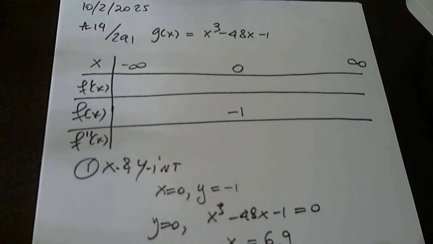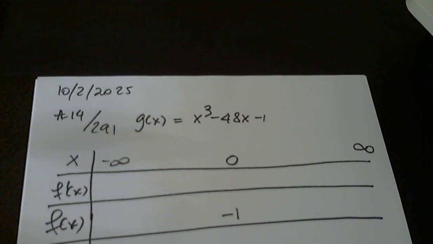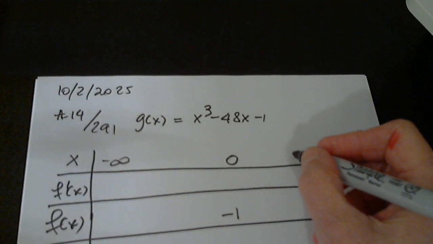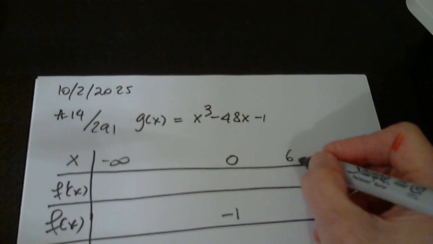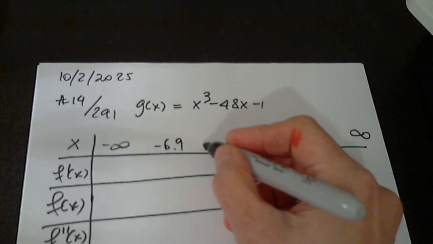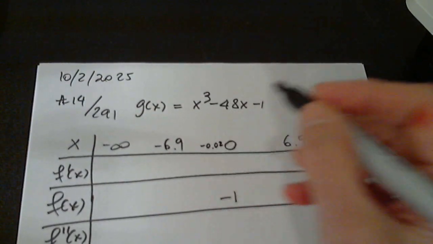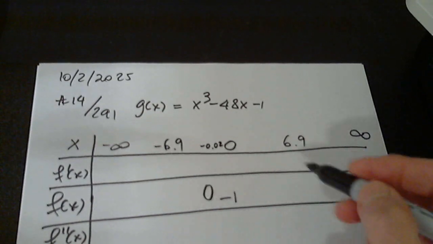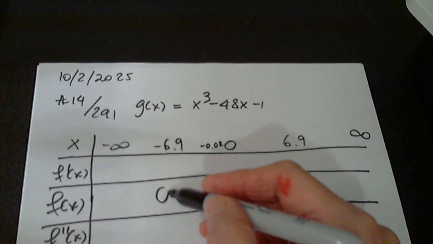Good. I have to put them in the table. 6.9, -6.9, and -0.02. 0, 0, 0.